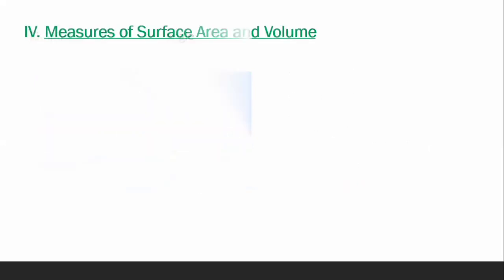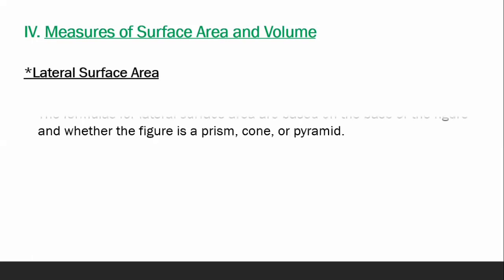Next, let's move to lesson 4, measures of surface area and volume. But for now, let's discuss the measures of surface area. Volume will follow on the next video. Let's start with the lateral surface area.